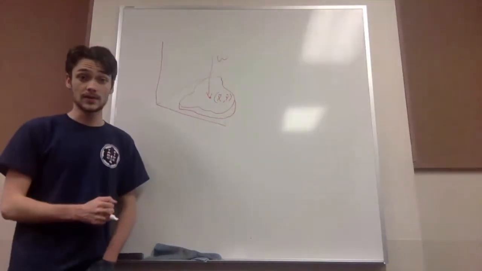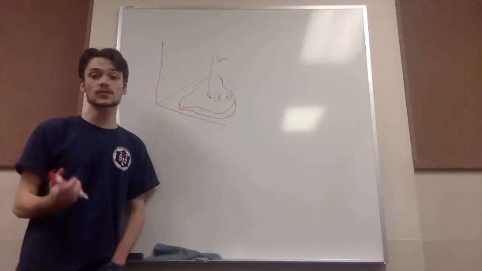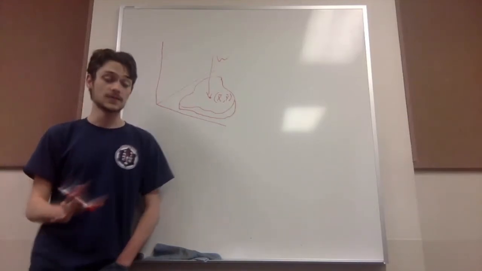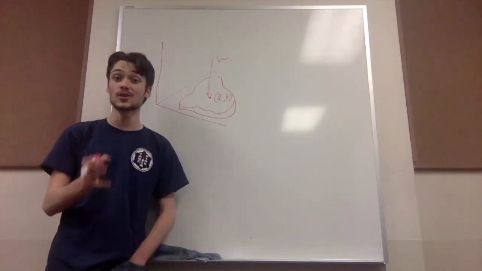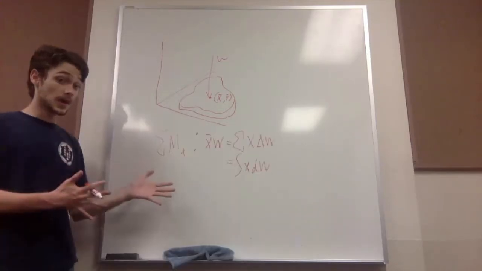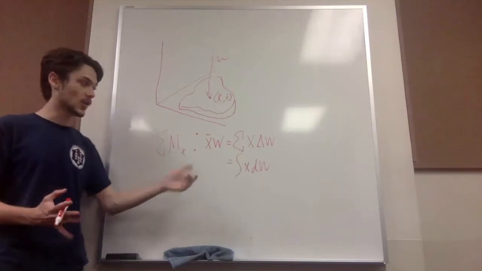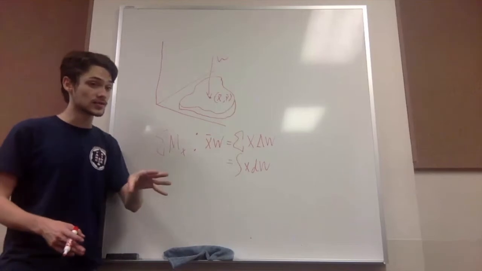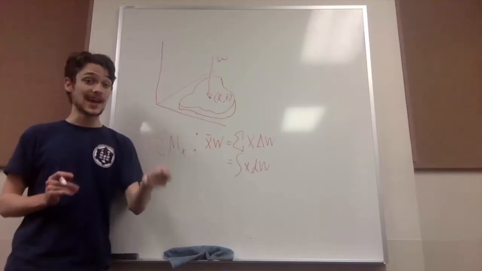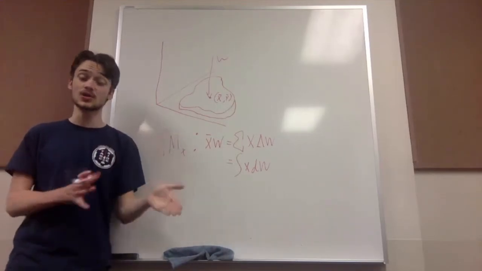X bar and y bar are both called the first moment of area. We can find a first moment of area with respect to x and a first moment of area with respect to y. The sum of the first moments with respect to x is going to equal x bar times that force W, or it is going to equal the sum of all the x's times the delta W's.